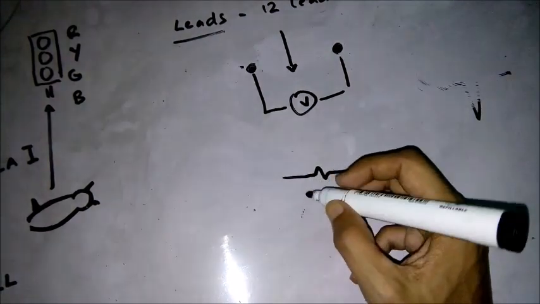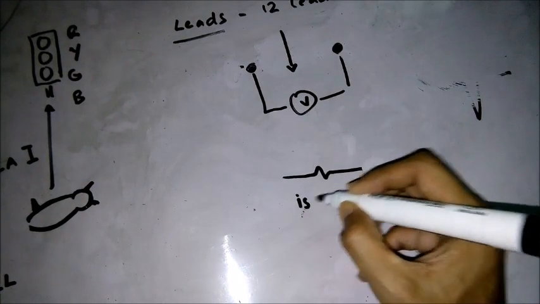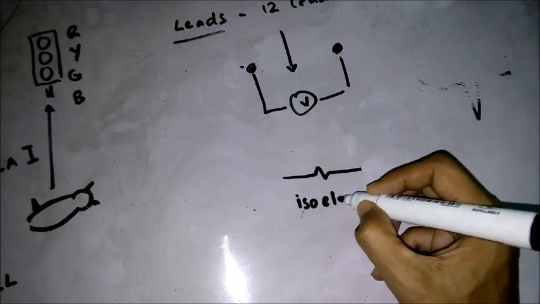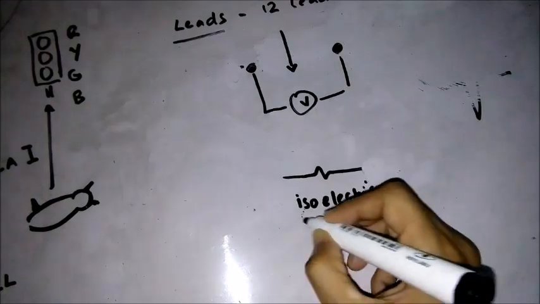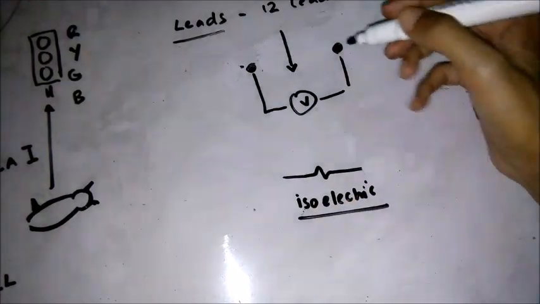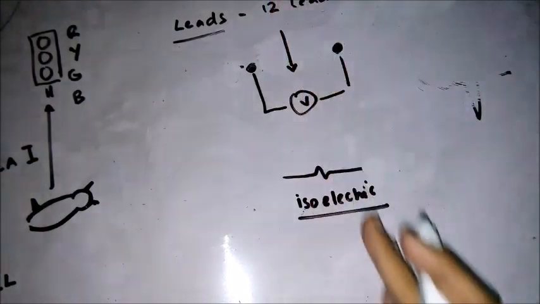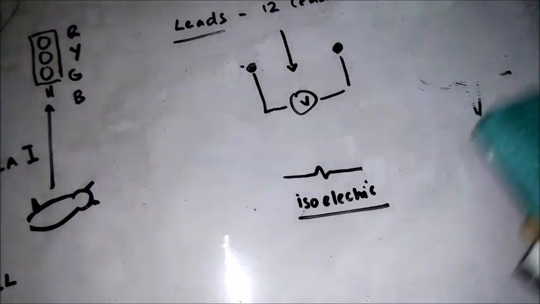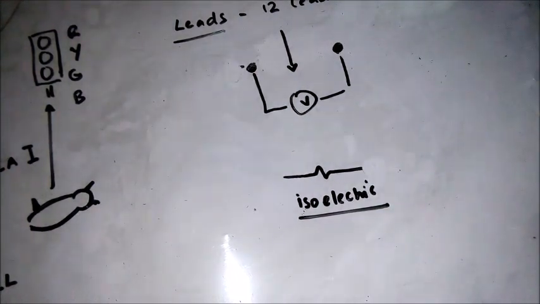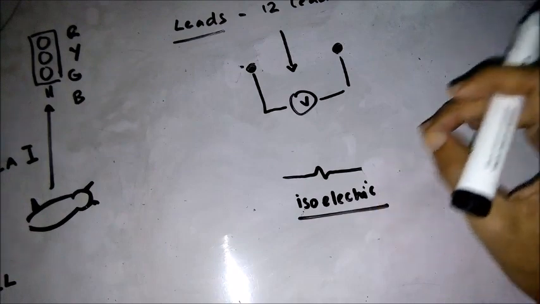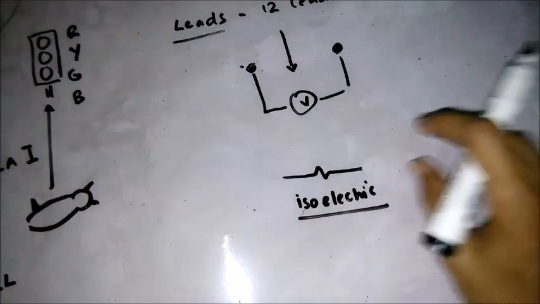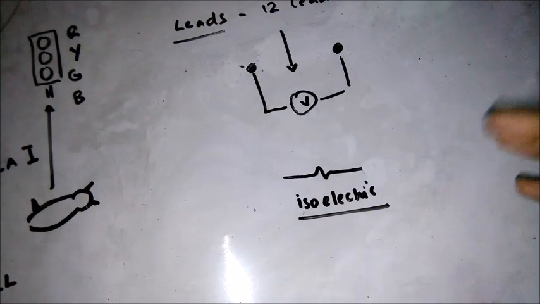This is something which we can call an isoelectric lead, right? So if this lead is isoelectric, it means that the electrical activity is going perpendicular to the lead, and this phenomenon can actually be used to calculate the axis, and this is something which we have previously discussed.